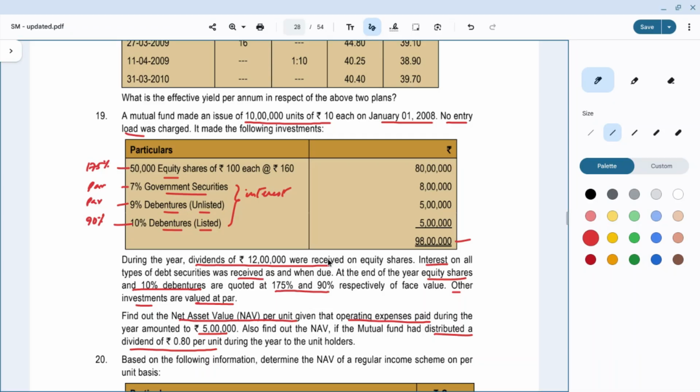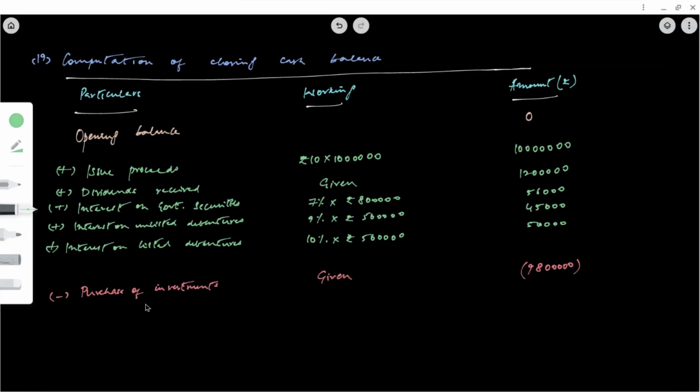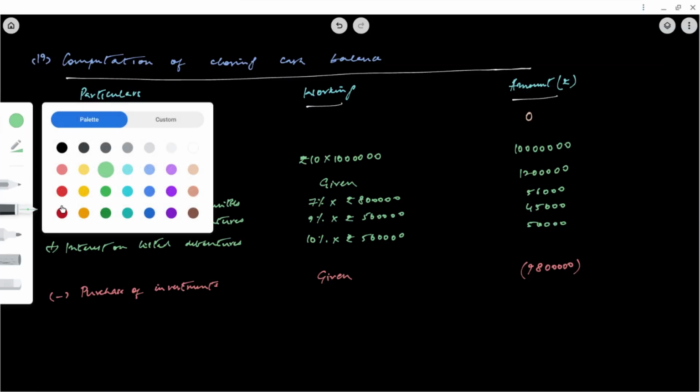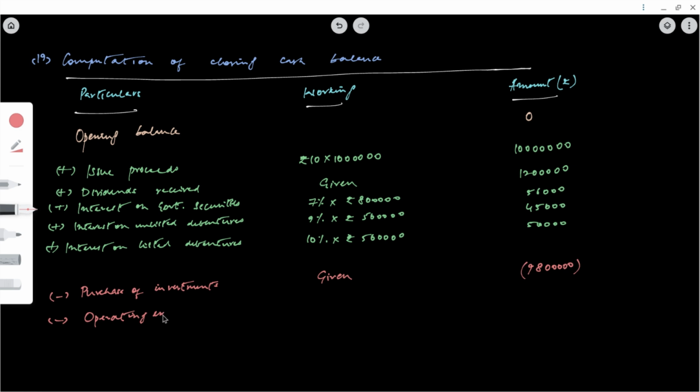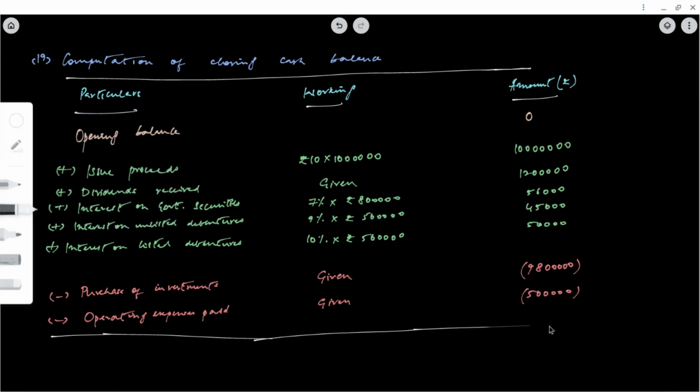Now, what else? Operating expenses paid amounted to 5 lakh. So there's a cash outflow, right? Operating expenses paid, given. This is 5 lakh. So now what is the closing cash balance?